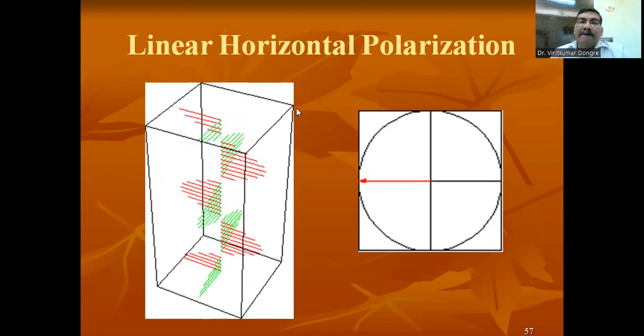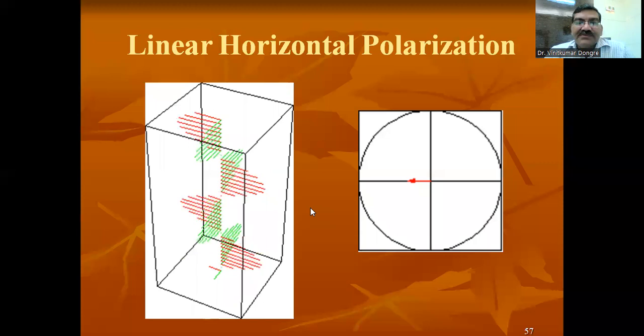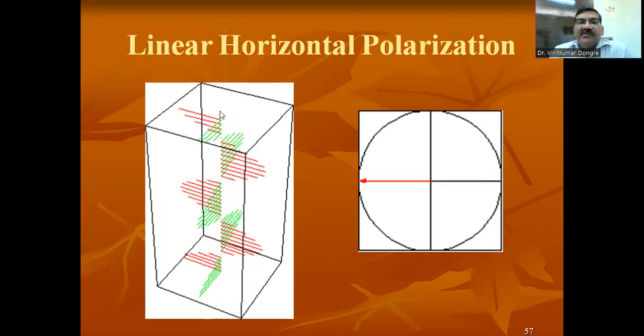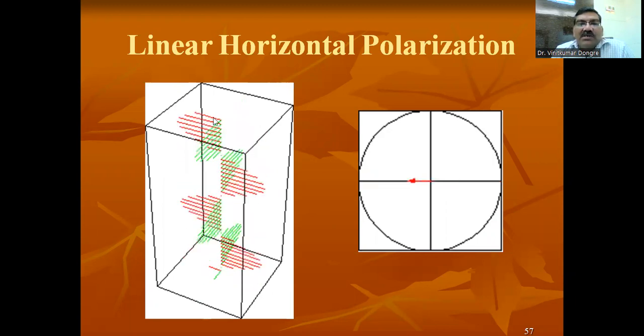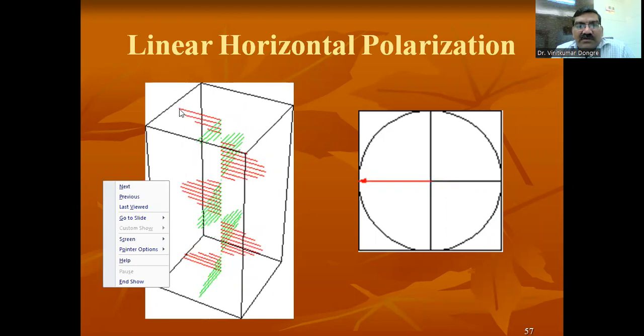I hope this is visible to you. Is the movement clearly visible? So here it is moving, and I'll pause and show you what I mean. You just see the projection of this electric field vector here, the same projection I have put here.